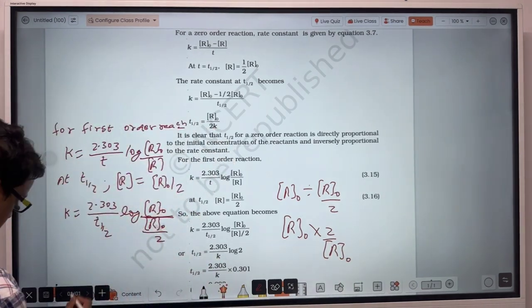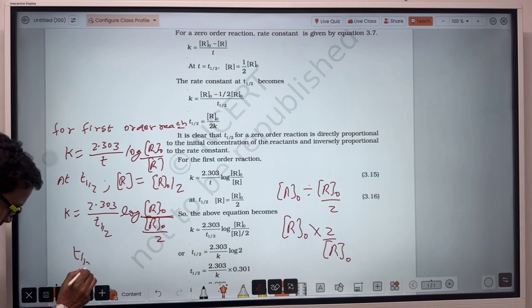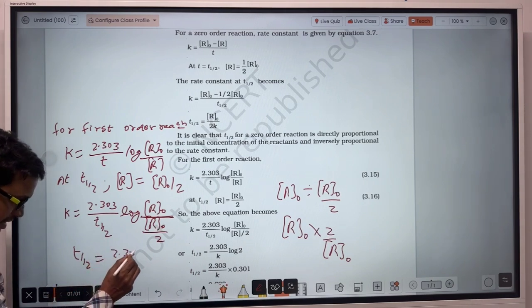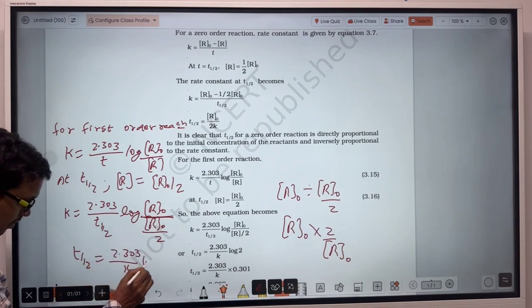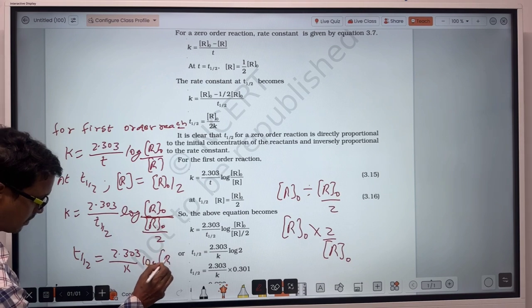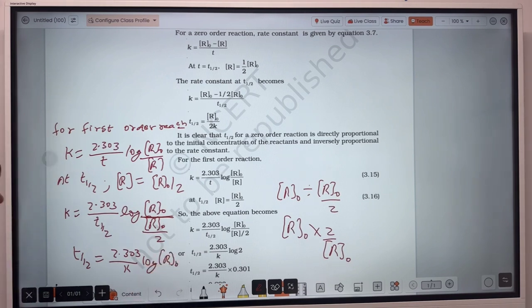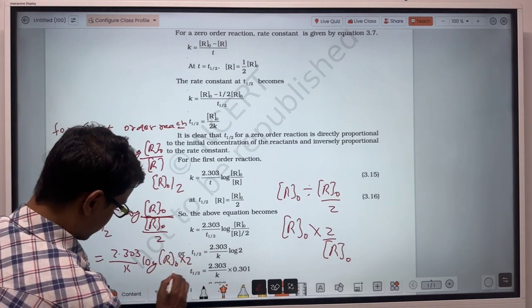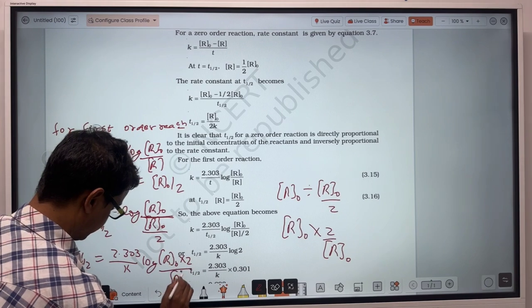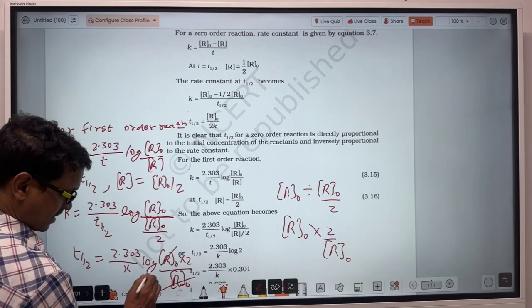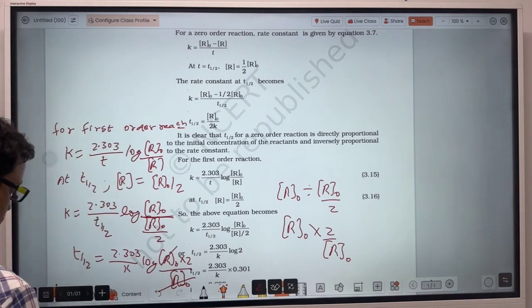So that's why here, you can also write T half will be equal to 2.303 upon K log R naught into 2 by R naught. R naught cancels out, so that will be log 2.